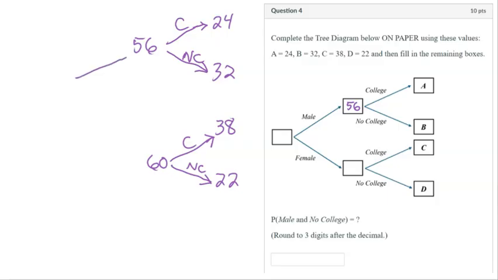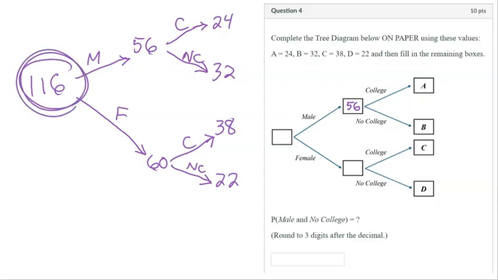Now, 56 is at the end of a branch that says male, and 60 is at the end of a branch that says female. See that? Now, for the total, we will add up 56 plus 60, and that gives us 116. So the total is 116, and we want to know what is the probability of male and no college.